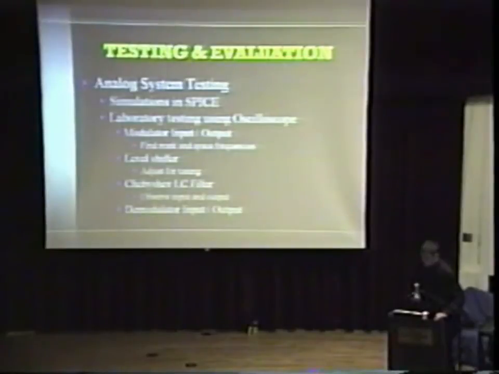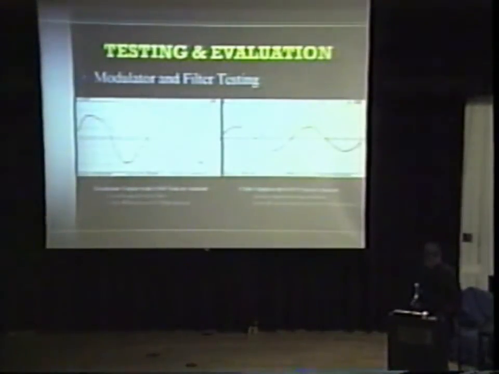In testing the analog system, many simulations were done in SPICE and also laboratory testing. All of the inputs and outputs of the devices were tested: the modulator, the level shifter, the LC filter, and demodulator. These two plots are the modulator and filter testing. This is the output of the modulator after the DC blocking cap, and it's also the input to the filter.